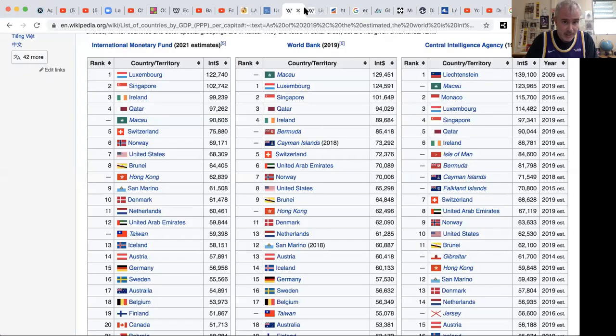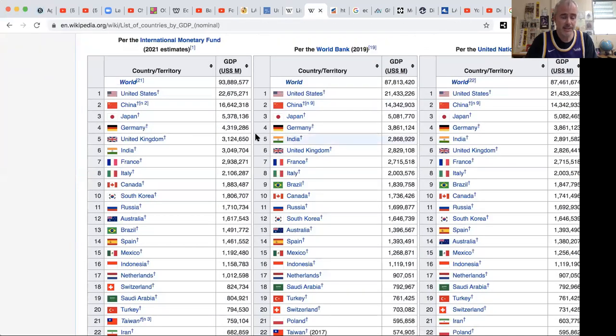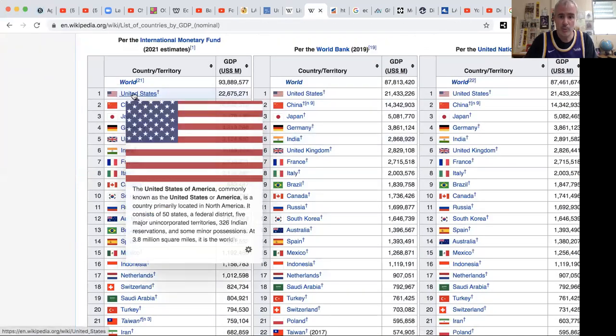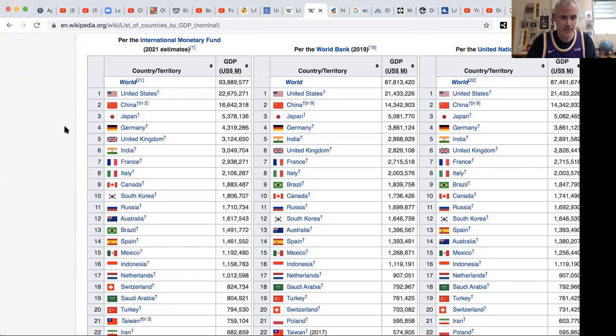This is the GDP list. We're the richest country in the world, $22 trillion GDP. These are estimates. China at 16. You see China here actually in 2019, it was 14 trillion. China's economy is growing faster than ours.